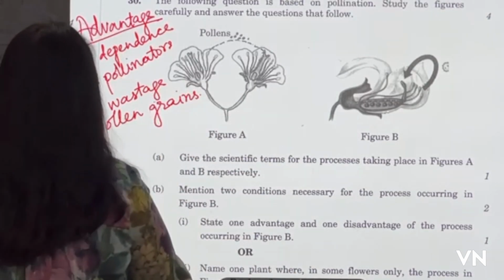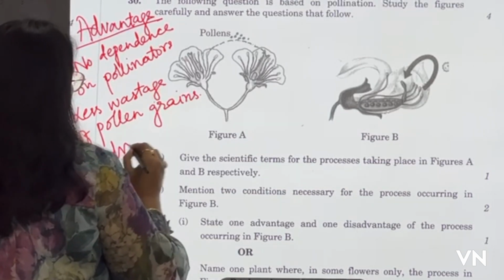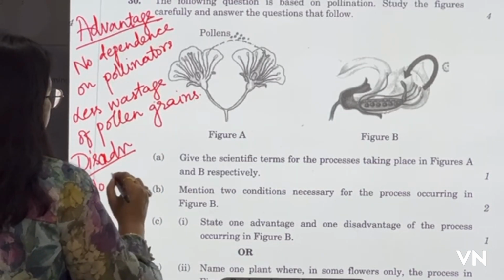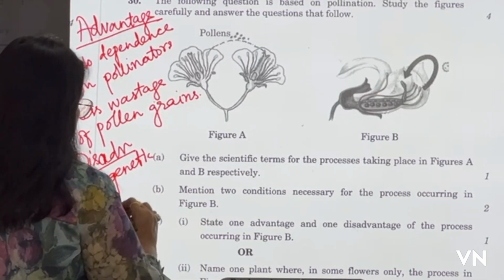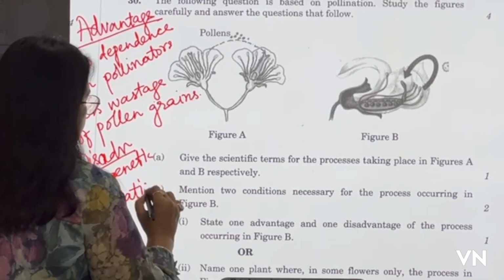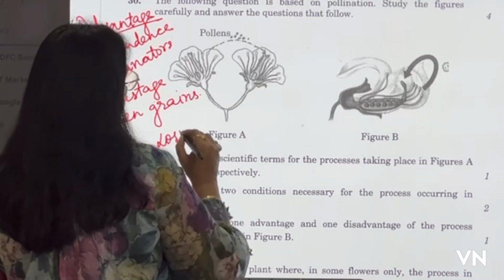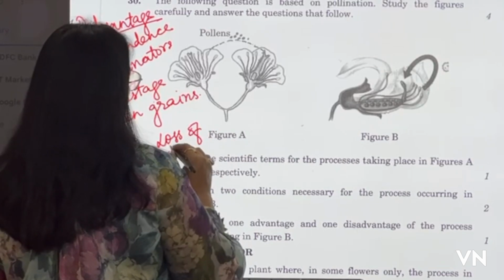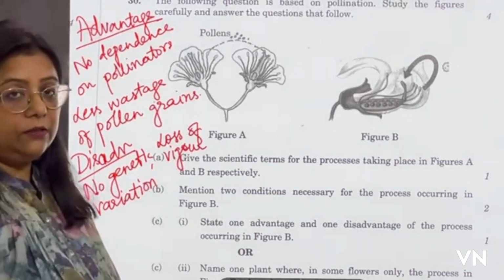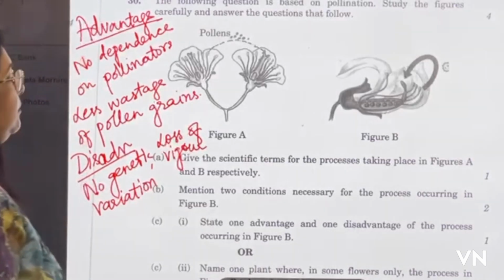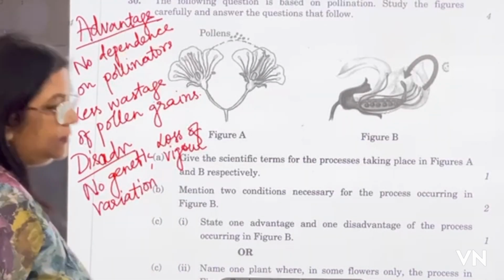And disadvantage will be no genetic variation, because same genes are inherited in the next generation. As well as you can also write loss of vigor. Loss of vigor is observed in the plant after generation to generation self-pollination. It means the biological strength and the physical strength of the plant becomes lower.